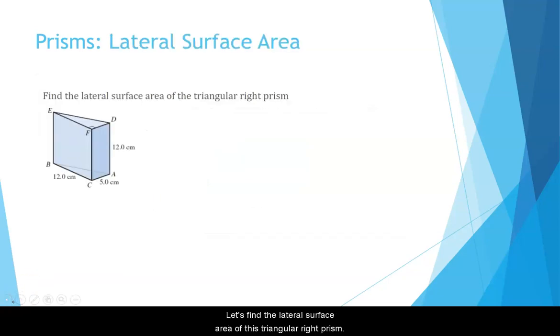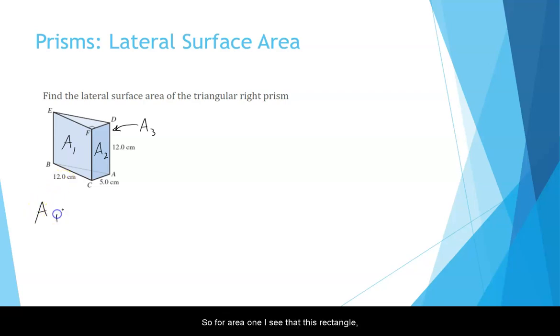Let's find the lateral surface area of this triangular right prism. Lateral surface area is the area of all of the sides. So I'm going to call this area 1, this face area 2, and then area 3 would be on the back there. We're just going to find those three areas and add them together to find the lateral surface area.